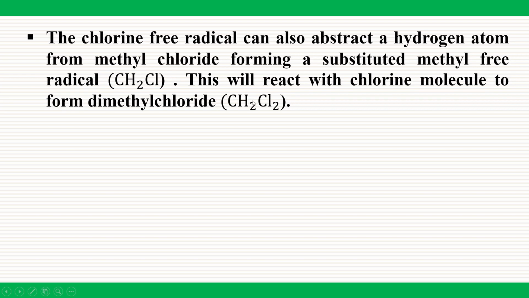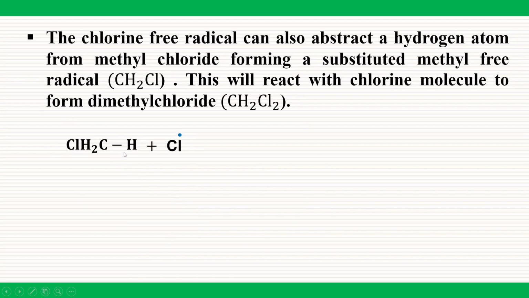Now we will see how CH2Cl is formed. This is a CH3Cl molecule. It has CH bonds like this. A chlorine free radical formed in the previous step attacks this CH3Cl molecule.